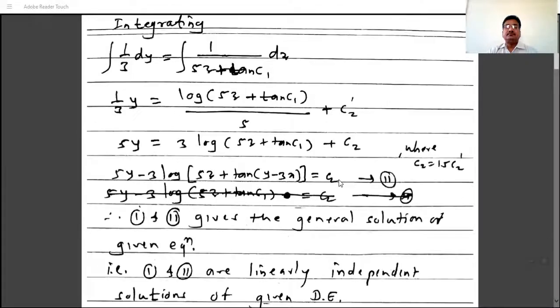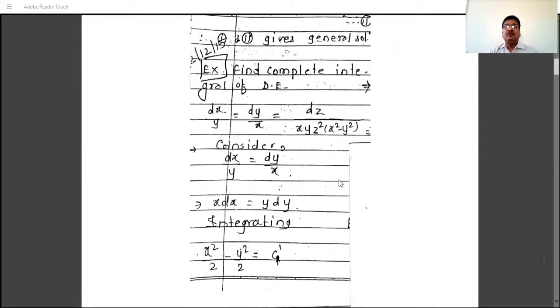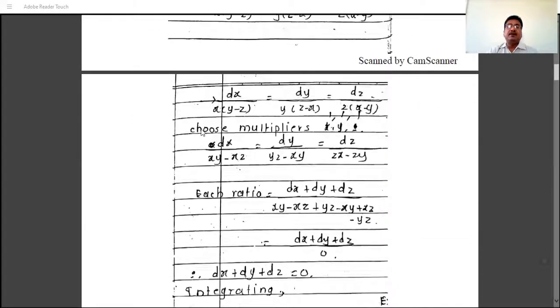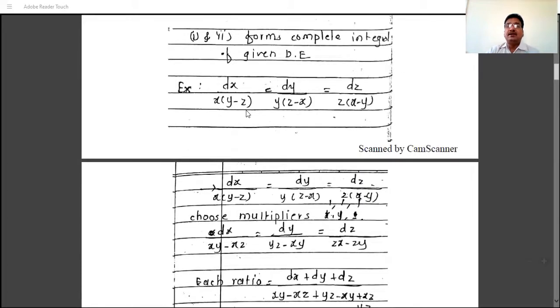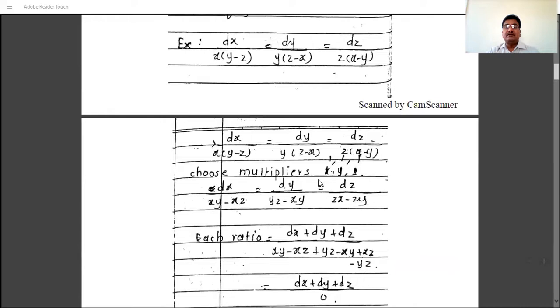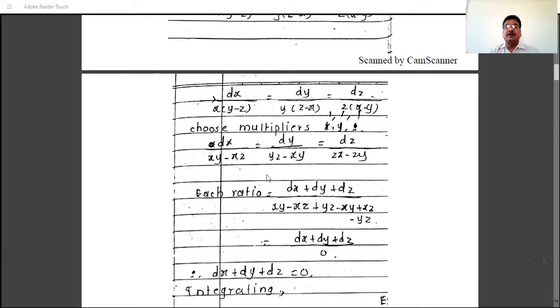Now the example is dx divided by x(y minus z), dy divided by y(z minus x), dz divided by z(x minus y). So choose multipliers 1, 1 and 1. If we choose multipliers 1, 1, 1, then each ratio is equal to 1 into dx plus 1 into dy plus 1 into dz, divided by 1 into x(y minus z) plus 1 into y(z minus x) plus 1 into z(x minus y).